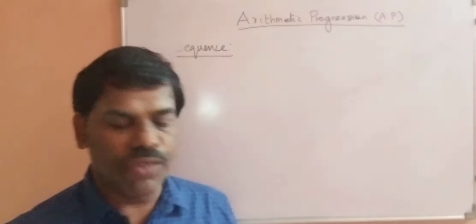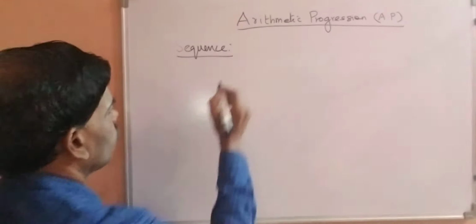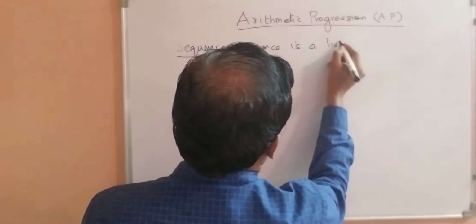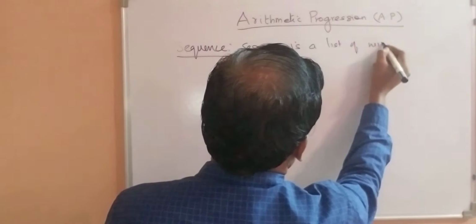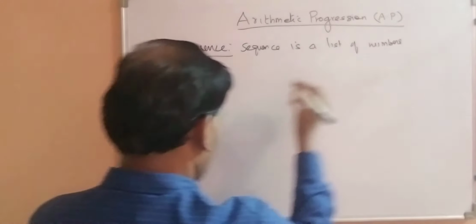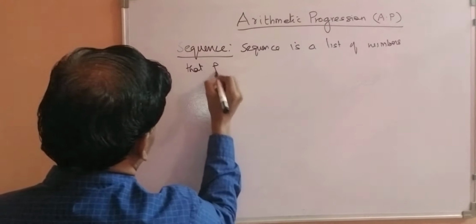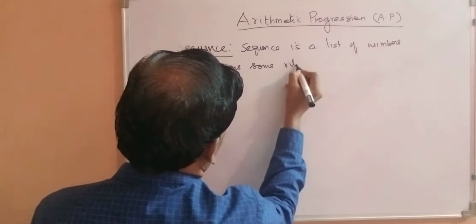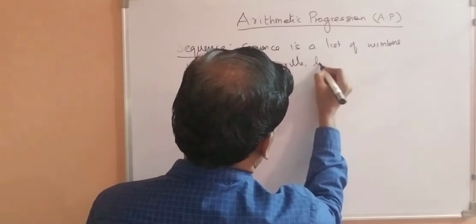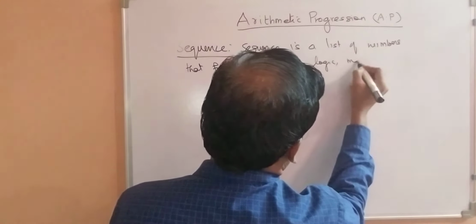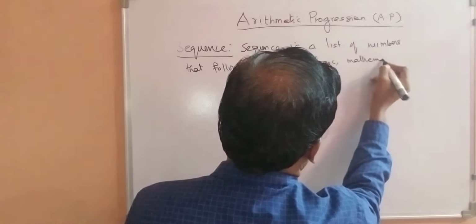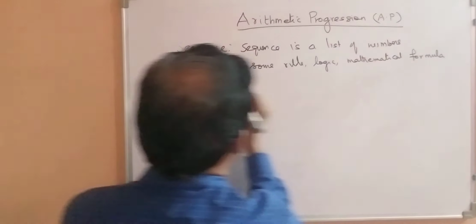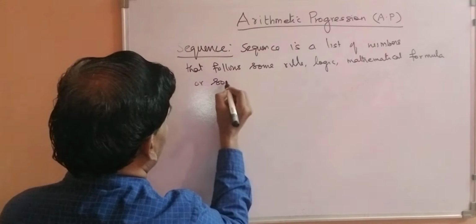Sequence means what? Sequence is a list of numbers that follows some rule, some logic, some mathematical formula, or some pattern, we call it.